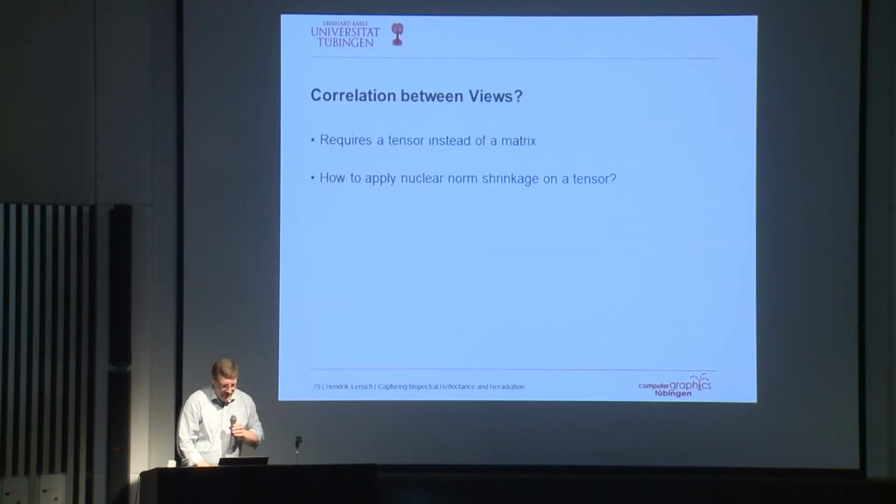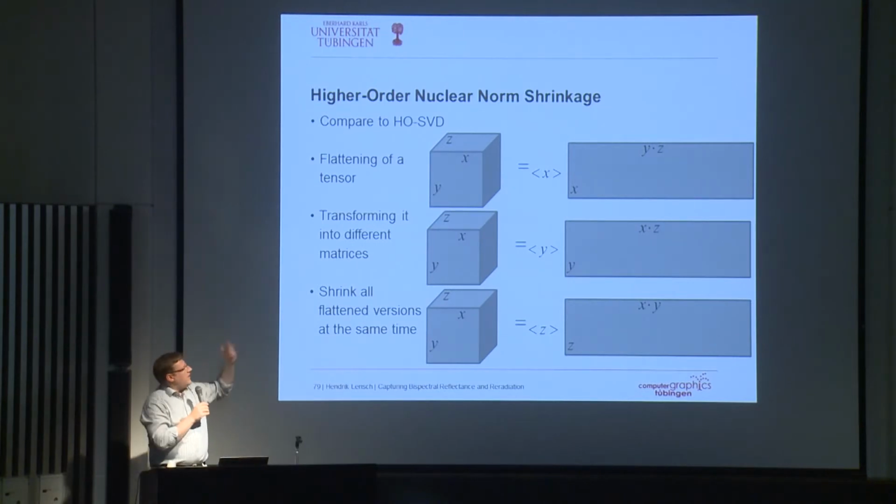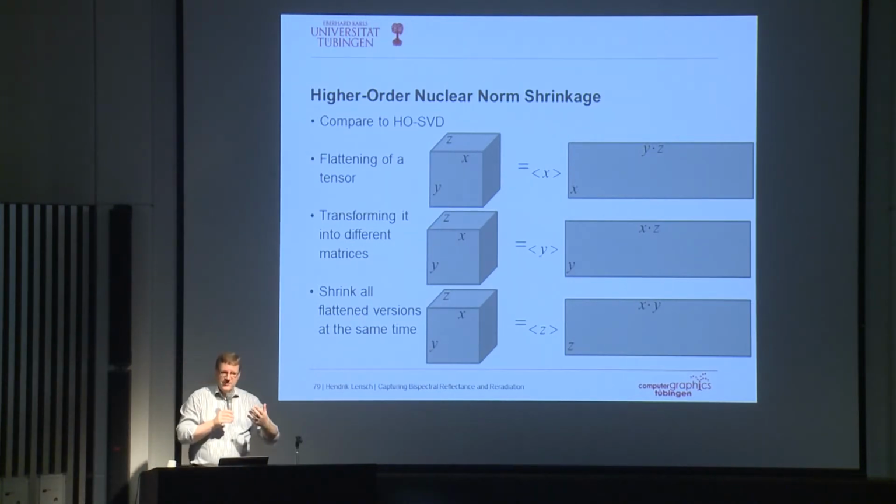The interesting thing is now we can actually extend this idea of exploring correlation. So far we have just explored the correlation between the illumination direction and the incident spectrum. And now we can actually go further and also correlate different views with each other. By that, our data just grows, so we are no longer looking at matrices, but actually at tensors. And these tensors can now be, again, separated into a sparse plus low rank part.